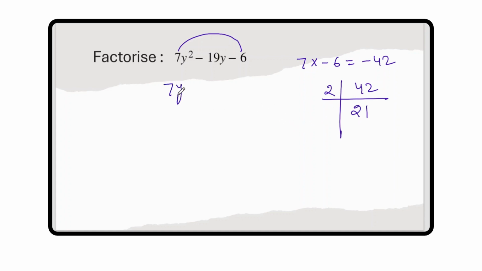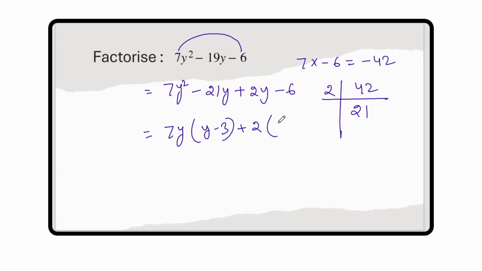So 7y square minus 21y plus 2y minus 6. So you can see 7y as common, y minus 3, plus 2 common, y minus 3. So the final answer will be 7y plus 2, y minus 3.